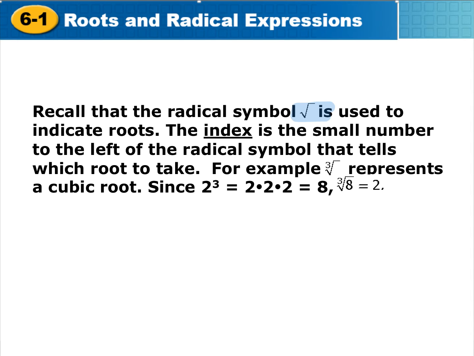For example, this represents a cubic root since there's a 3 outside. So since 2 cubed is 2 times 2 times 2, and that's equal to 8, the cubed root of 8 is equal to 2. So we're going to practice this. Don't stress it. It's just, again, explaining things in words.